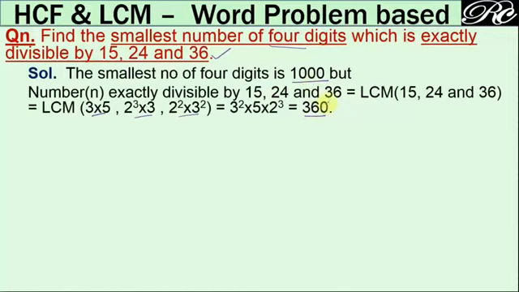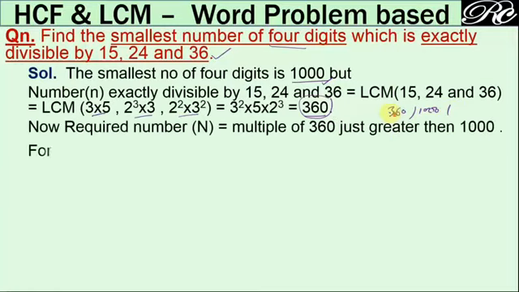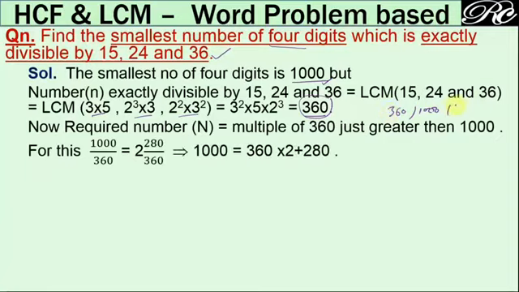Now we have to get the multiplier for this 360 so that it becomes just greater than 1000. For that, again we can divide 1000 by 360. We can get the quotient, but this time we have to take care that the quotient will give us the number which is just below 1000. Therefore, for getting the required number, that quotient q has to be increased by 1.